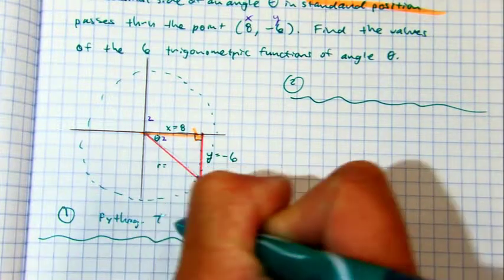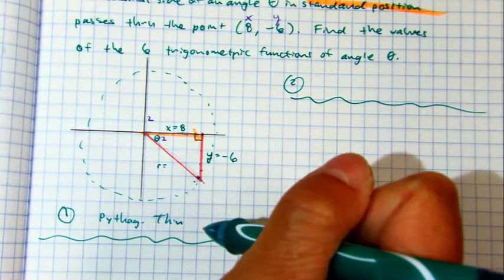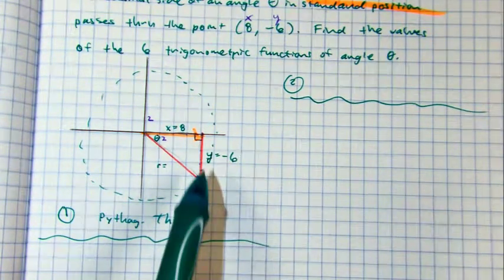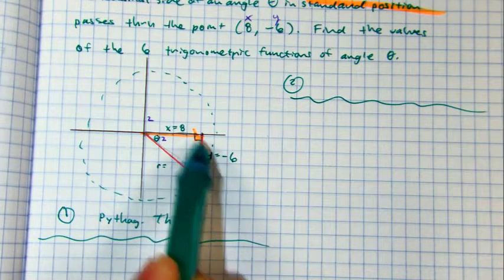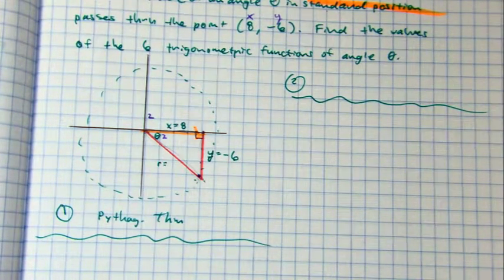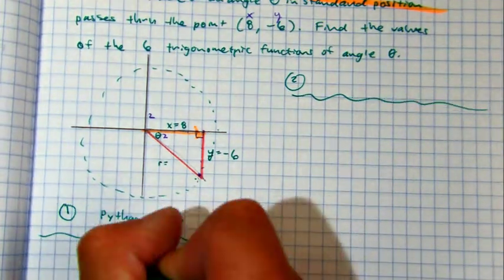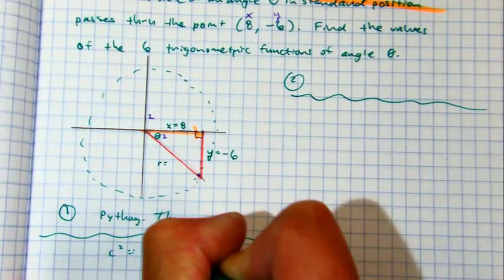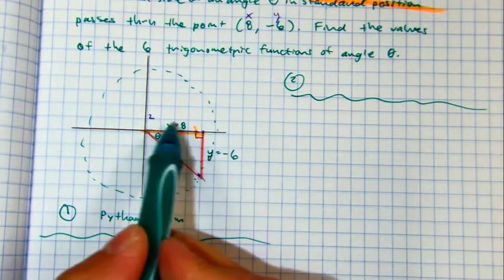Partner A tell partner B the formula. Be careful. Michelle, what is the Pythagorean theorem? Alright, Michelle. I need it now in terms of x, y, and r.